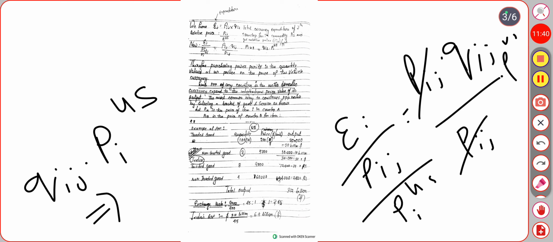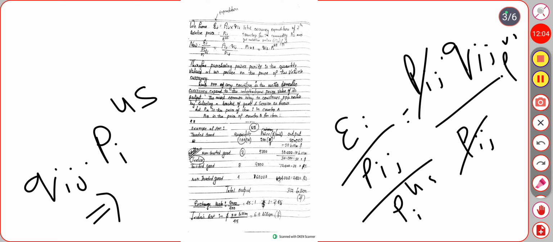9,000 divided by 200 for the traded commodity, only for the traded commodity. In the USA, for 100 quantity, each unit costs $200.